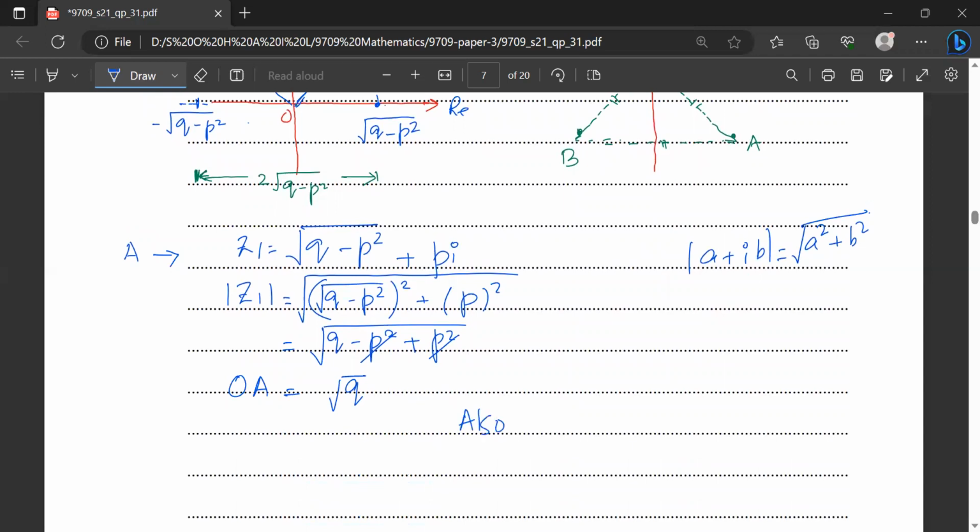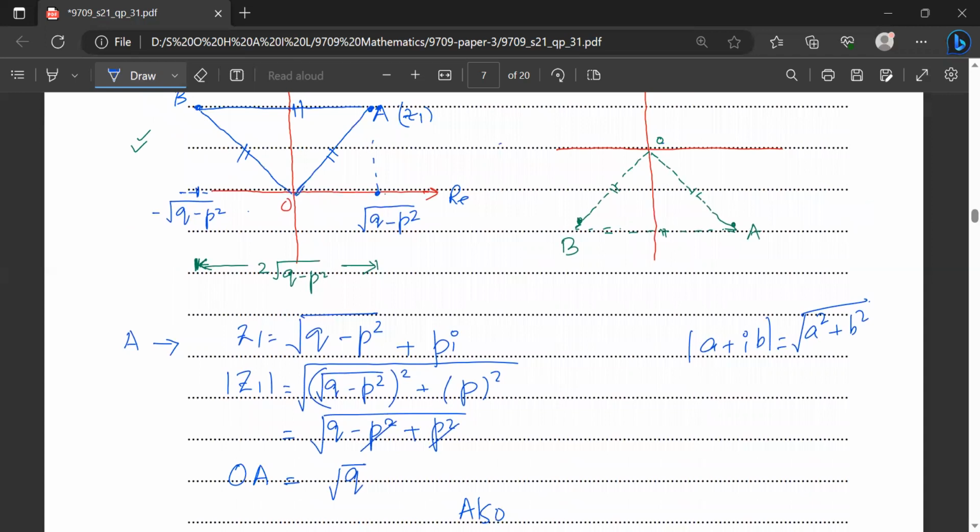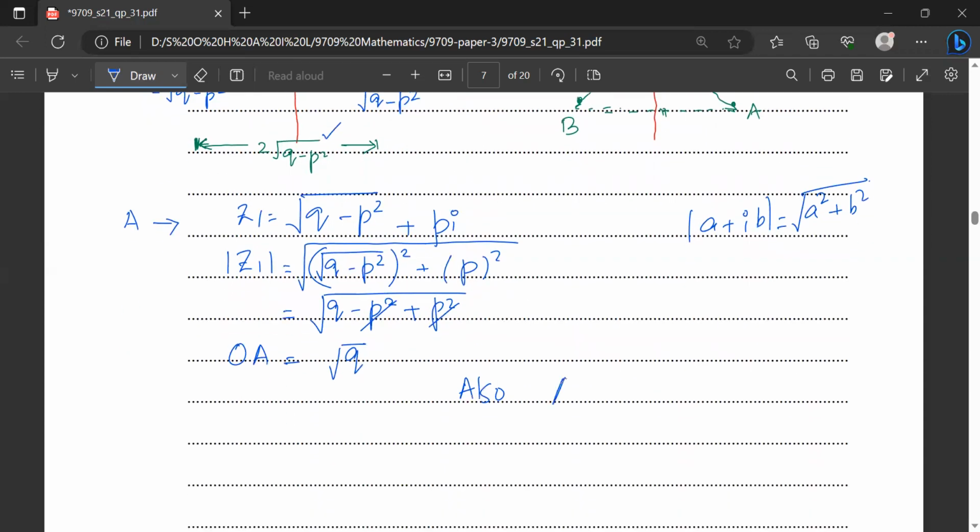Also, the length AB is 2 into q minus p square. This is the length AB.